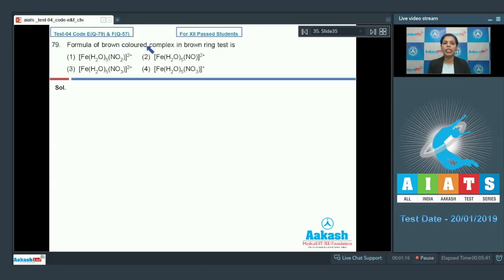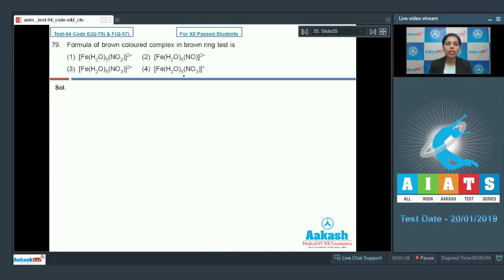Formula of the brown colored complex in the brown ring test, which is a very well known test for the presence of nitrate. We know that in this case freshly prepared ferrous sulfate is taken and mixed with the nitrate salt. Then sulfuric acid is slowly added and there is the formation of a brown colored ring at the junction of the 2 liquids.